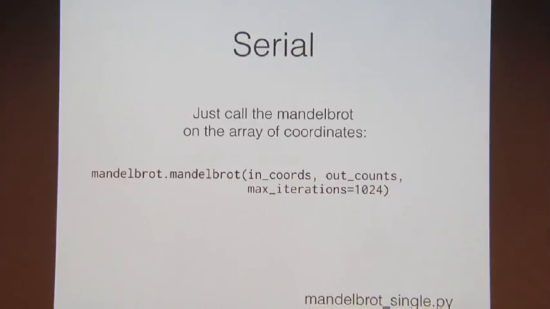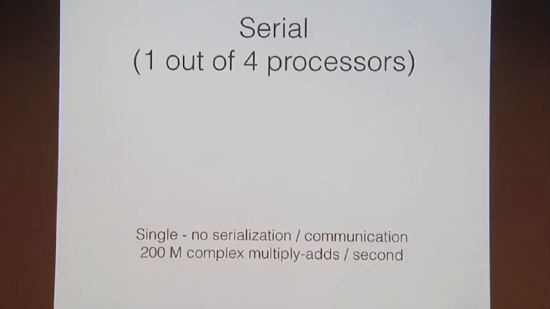On this machine, the single-threaded version runs on basically one of 4 processors, though it's hard to say how many processors are actually there. There's one processor, 4 threads, or 2 cores, each running 2 threads. So no serialization, just call the function, but only run on 1 core. That gets 200 million complex multiply-adds per second.